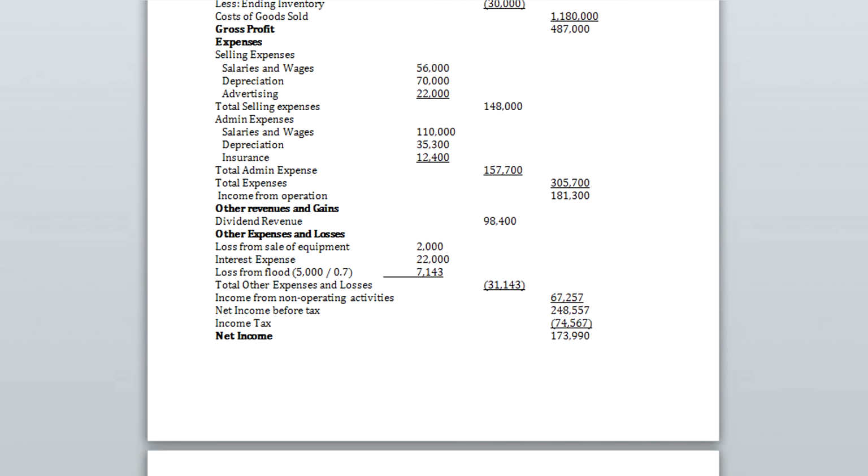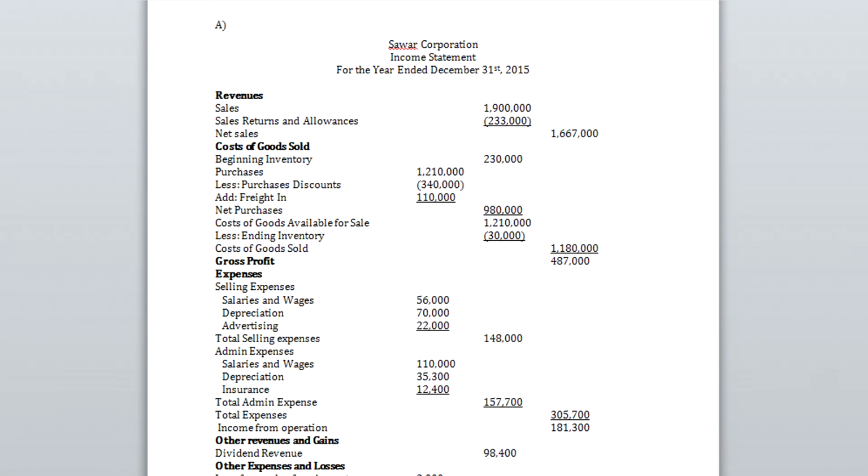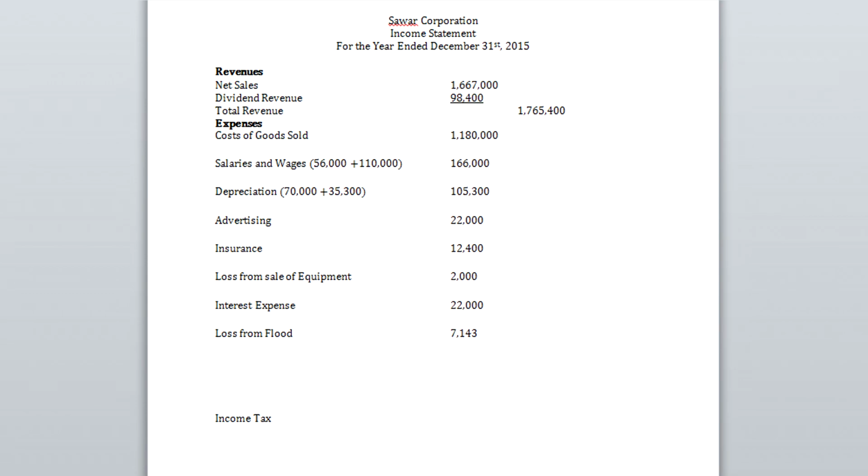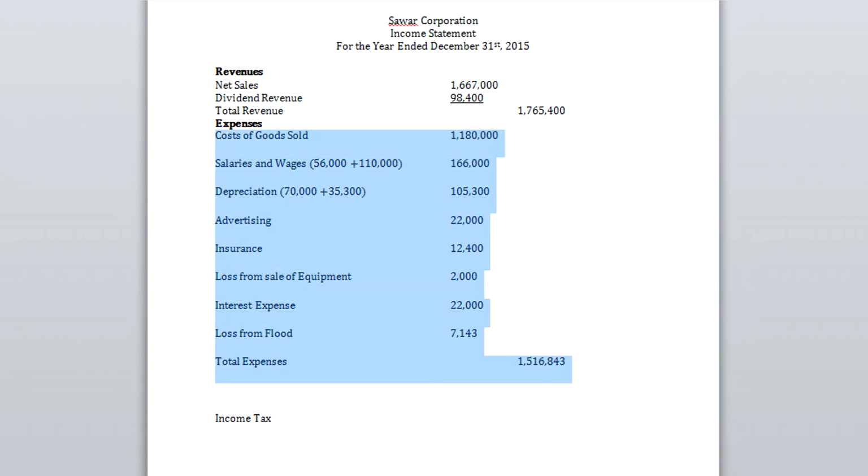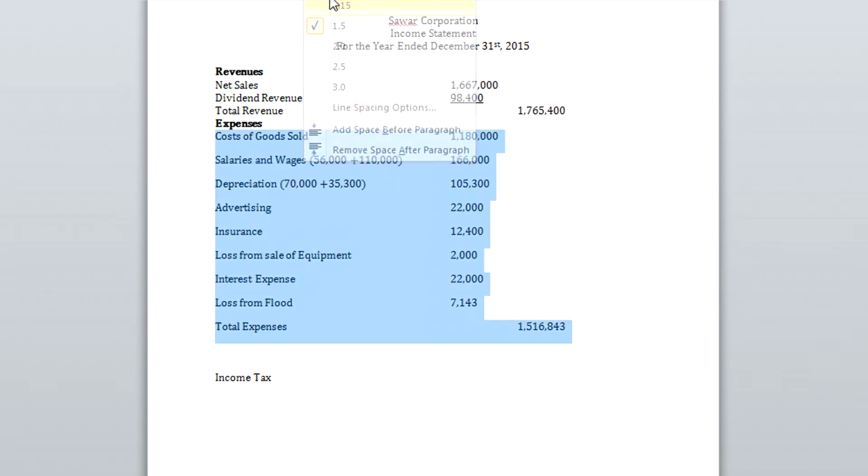And with that, that covers all of our non-operating expenses and all of our operating expenses. So we can finally add these up to figure out what our total expenses are, which in this case is $1,516,843.